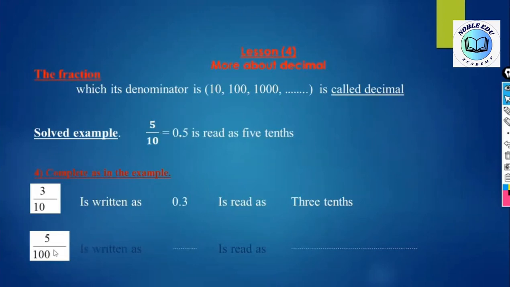How many digits? After the point, 2 digits. So the number will be 0.05. And we read it as 5 hundredths.